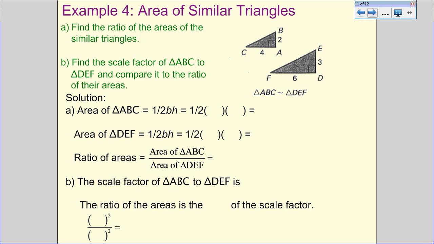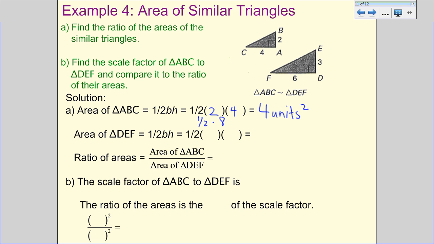All right, one last example to go through, and then we have a theorem we're going to take a look at. We need to find the ratio of the areas of the similar triangles and then find the scale factor. So we're going to go through and look at triangle ABC. So that's 1/2 times 8 times 1, which is 4 units squared.